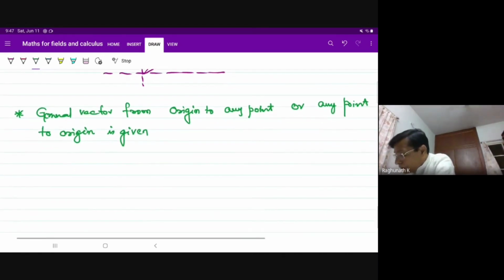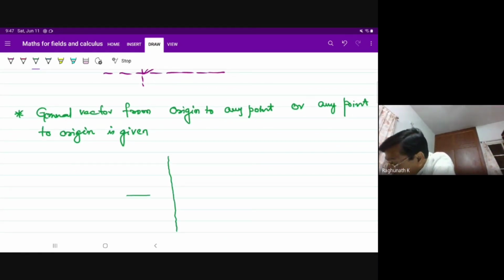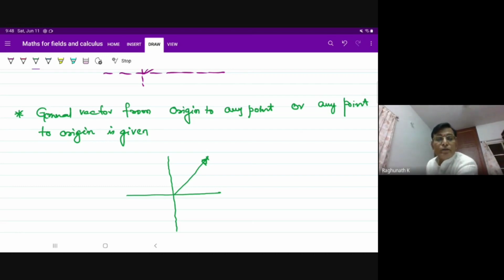Listen. From origin to any point, the vector is given. Any point will have only rho naught a rho. That's all.